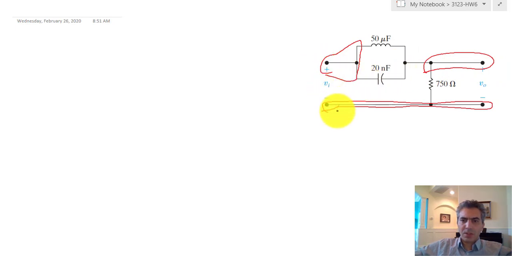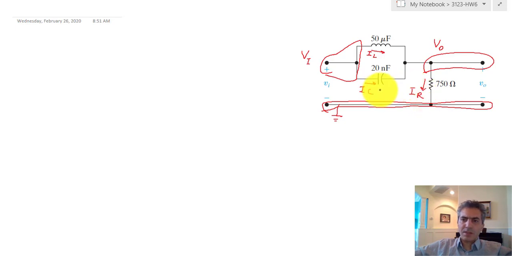Now once we assume that this is ground, then this immediately becomes VI, and I'm going to write capital I and capital V, indicating that these values are now in the Laplace domain, because I'm going to write all the equations directly in the Laplace domain. And then these are the currents. I'm going to call this IL, I'm going to call that IC, and call this IR.